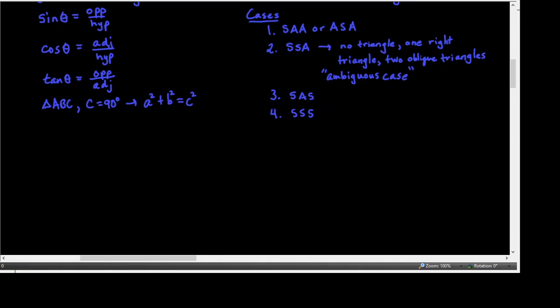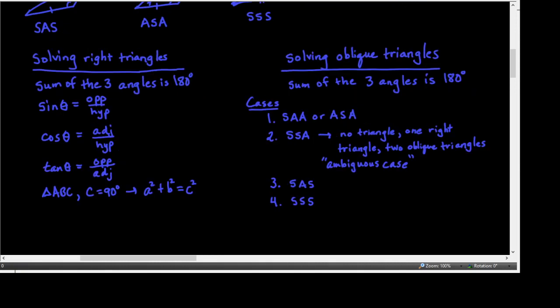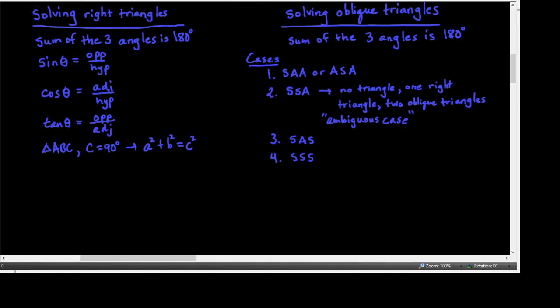Alright, so the first thing we're going to need to add to our list of things that we can use for the oblique triangles, beyond the only thing we know right now, that the sum of the three angles is 180 degrees, is some more tools. So I'm going to tell you what they're called.